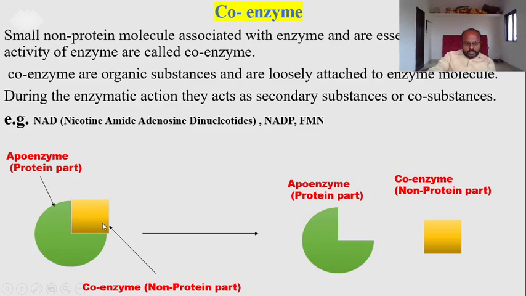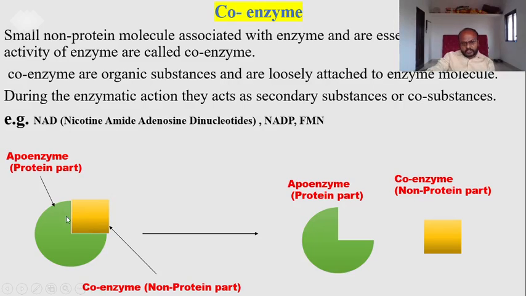When this prosthetic group, or this non-protein component, is an organic substance associated with this protein component, then it is called a coenzyme. That means the small non-protein molecule associated with the enzyme, which is essential for the catalytic activity of the enzyme, is called a coenzyme.